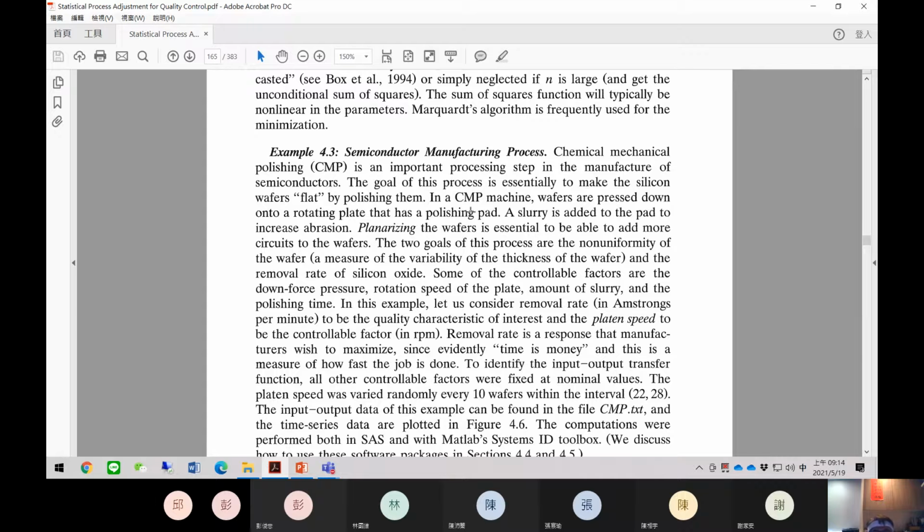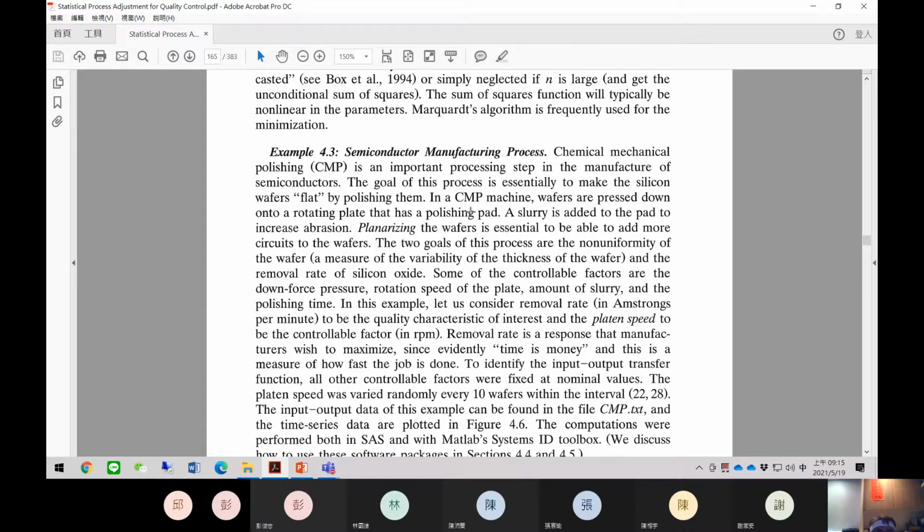Then the process engineer computes the standard deviation of those thicknesses, and we expect the standard deviation to be as minimal as possible. That means the surface of the wafer is flatter. The second is the removal rate of the silicon oxide, so it could be nitride or oxide. Some of the controllable factors are the downforce pressure, the spin, or the handler rotating speed.